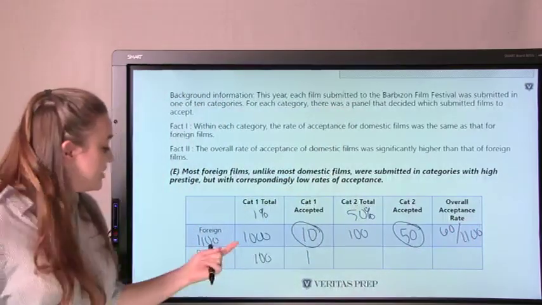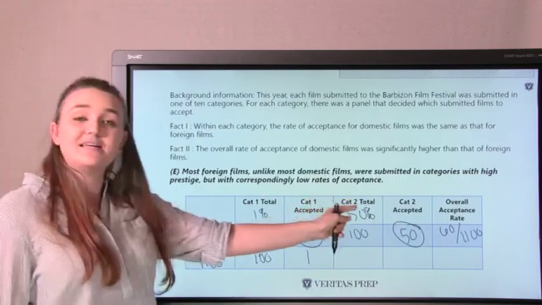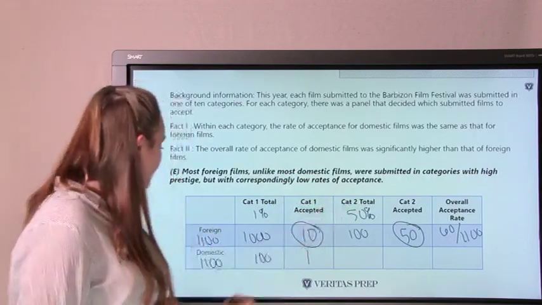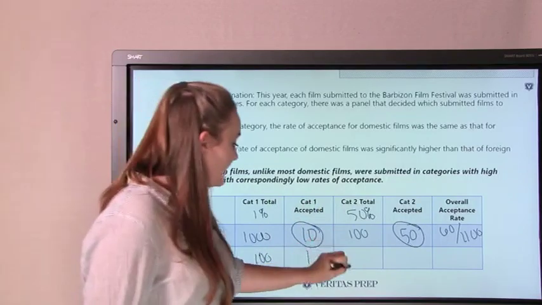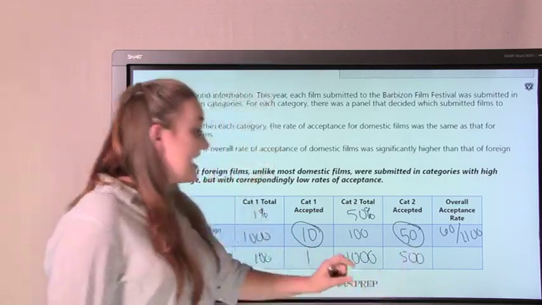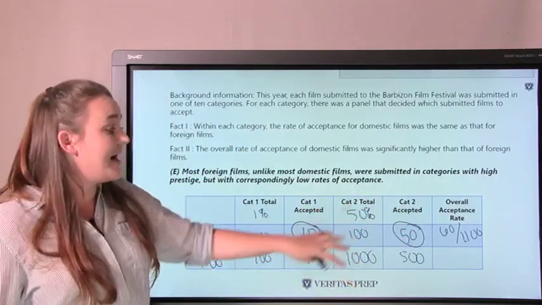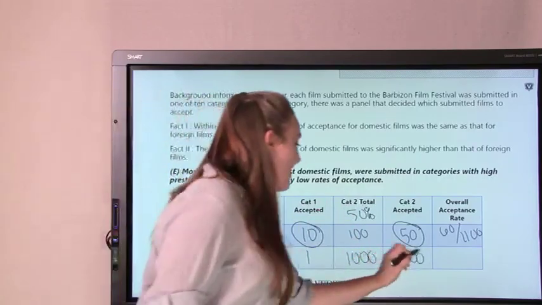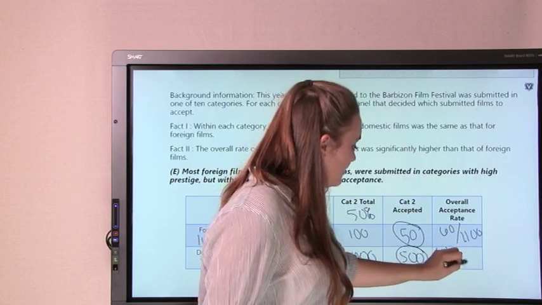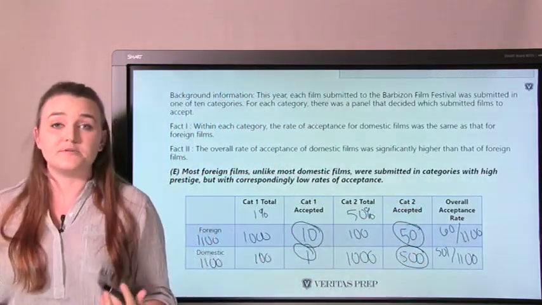Whereas, if we've now shifted it to where I've got a whole bunch of the domestic films left to be attributed to the higher acceptance category 2, well, if category 2 has the remaining 1,000 here, then it's got a whole 500. And again, the acceptance rate is still the same within the category, but we're going to see here where this 501 is drastically different in terms of the overall acceptance rate.